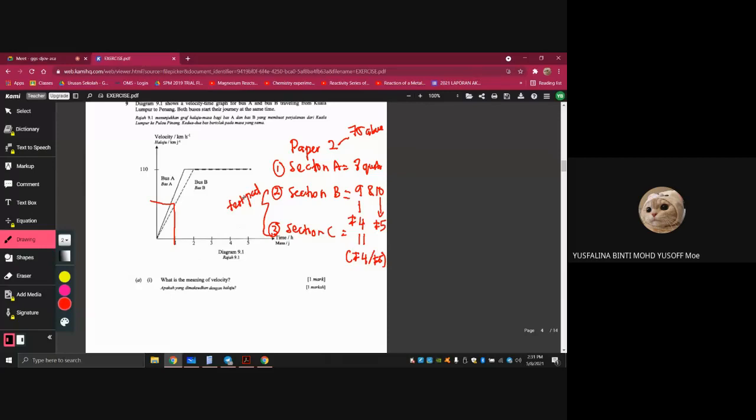Which has a higher velocity, A or B? Bus A. So how do you want to answer?